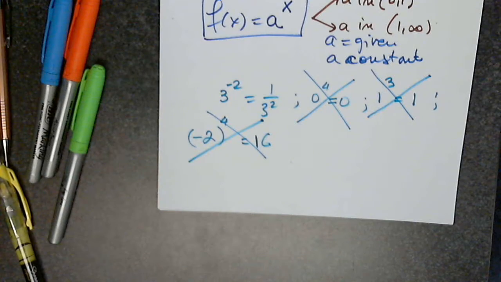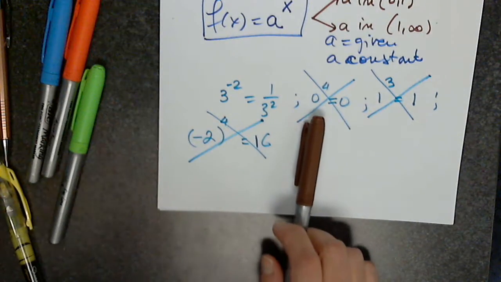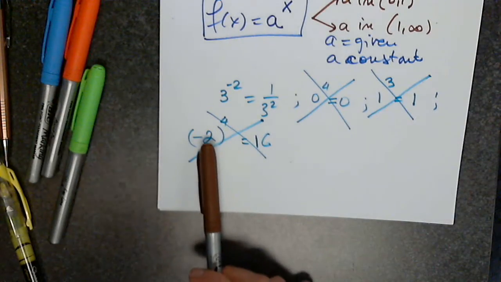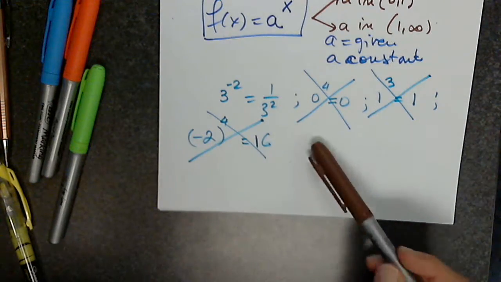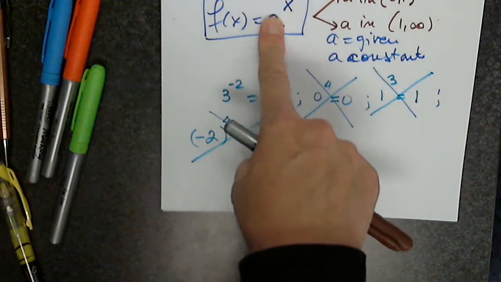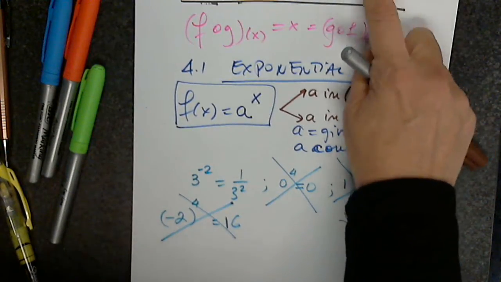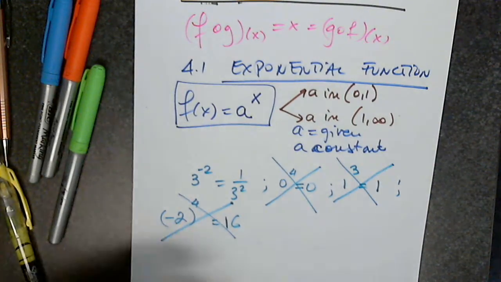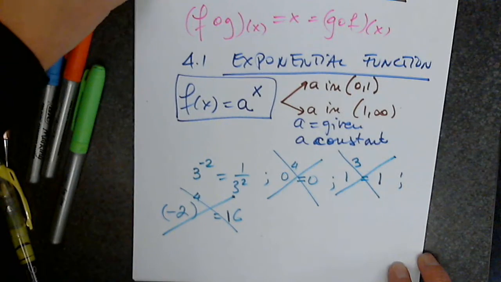One more time: not because we cannot raise 0 to powers, or 1, or negative numbers. No. The problem is, if we allow the base to be 0, 1, or negative, then we will never be able to define this function's inverse. So these are the only options.